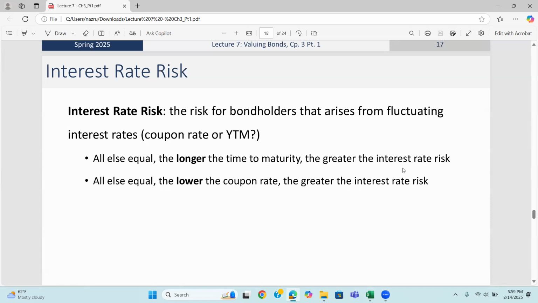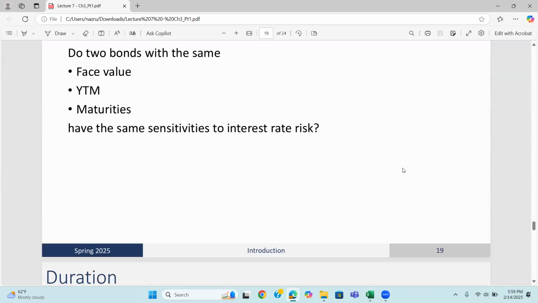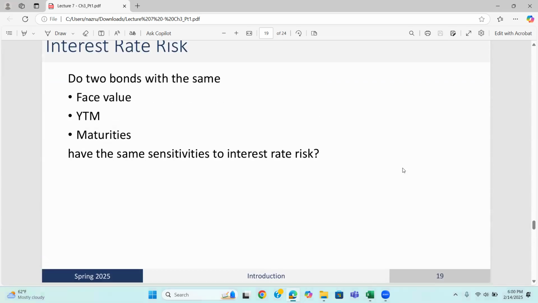And also if the coupon rate is lower, there is a greater chance of interest rate risk. So this is a conceptual situation for the bond. The main components of this bond are face value, yield to maturity, and the time to maturity, like when it will mature. And all these things are sensitive to the interest rate risk of that bond.